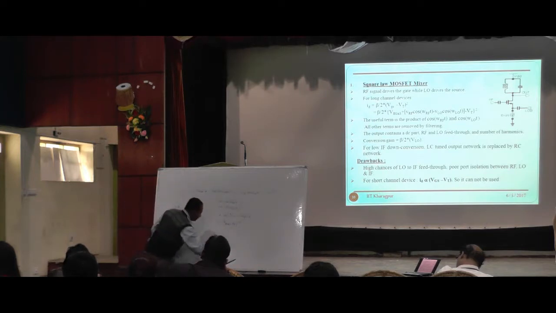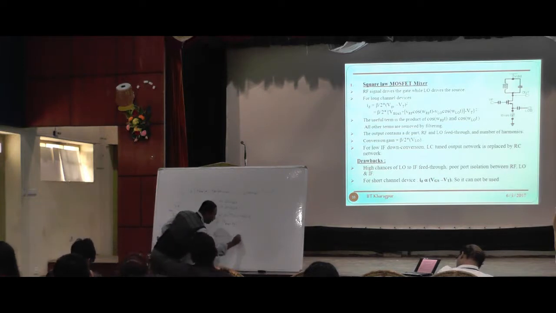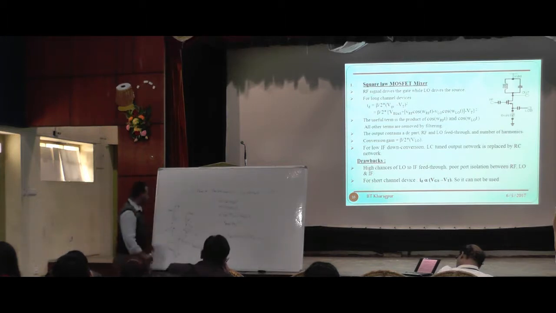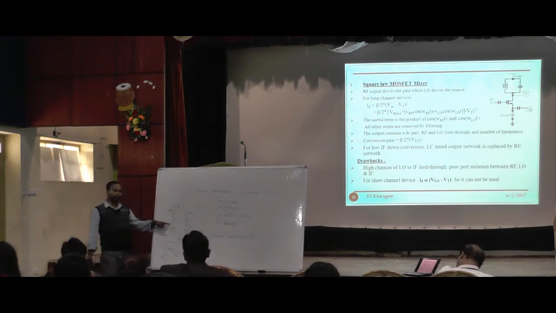So I am having the actual voltage drop of I bias plus IRF cos omega RF t, into RL. This is my voltage drop. So I am getting a voltage drop across that, and I will do some signal.